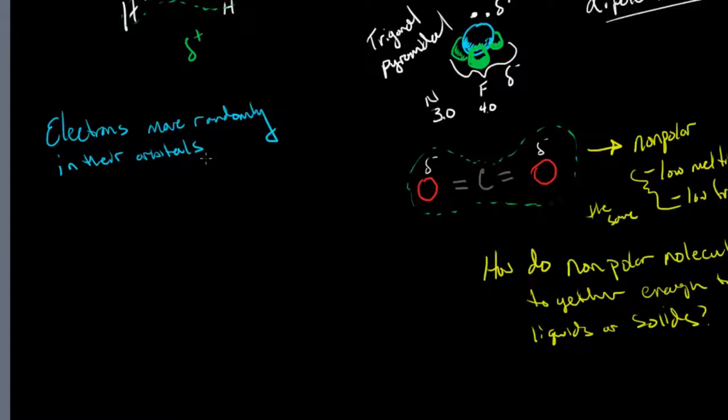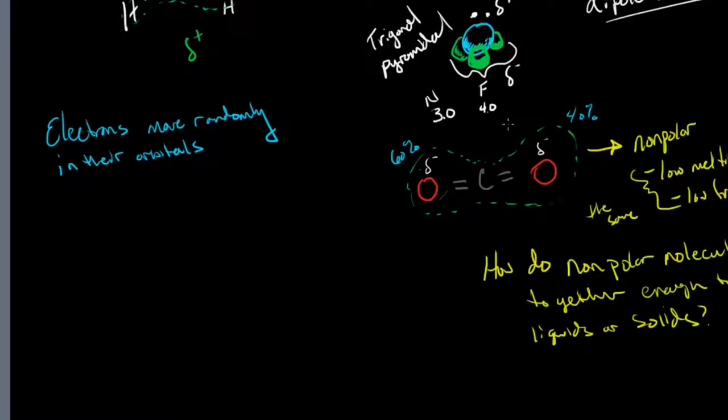But where an electron actually is in any particular moment could be pretty much anywhere in that orbital. If you take that over time, the chances of this being exactly equal at any particular moment is really slim. Sometimes you'll have a 60-40 split in where the electrons are. Like, for just a moment, you might have 60% of the electrons over here and 40% over here. On average, it's a nonpolar molecule.